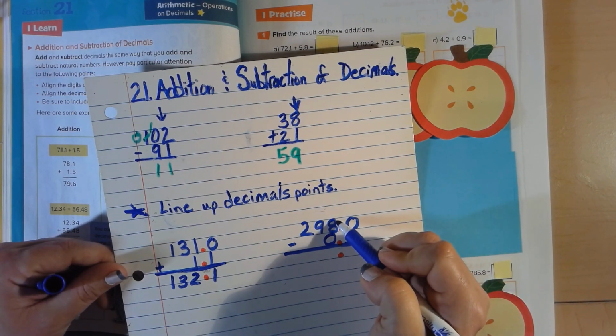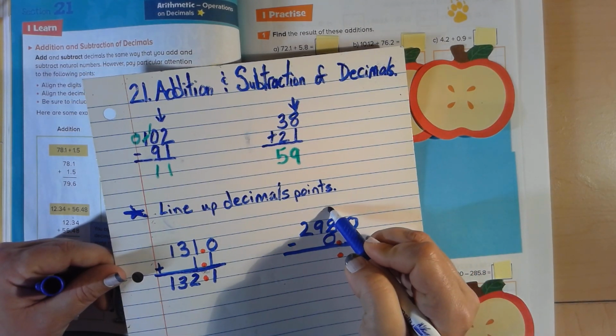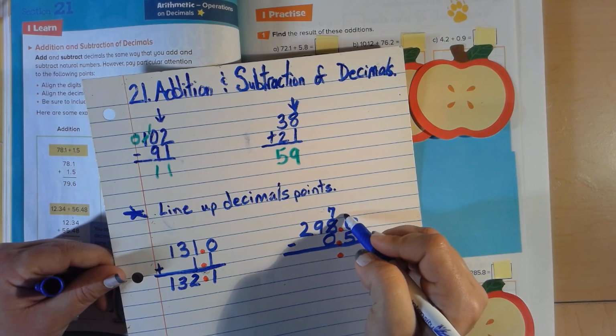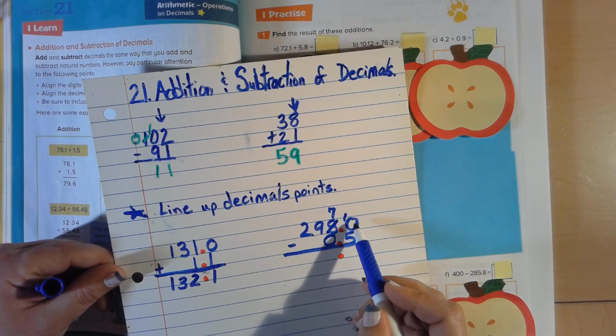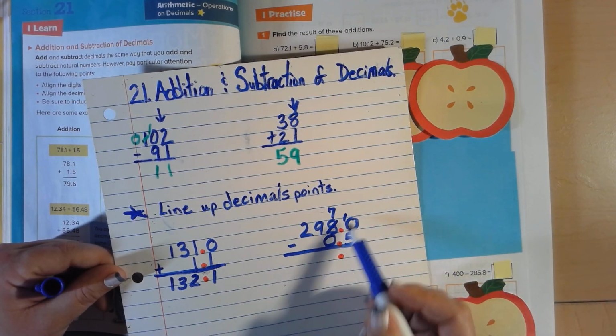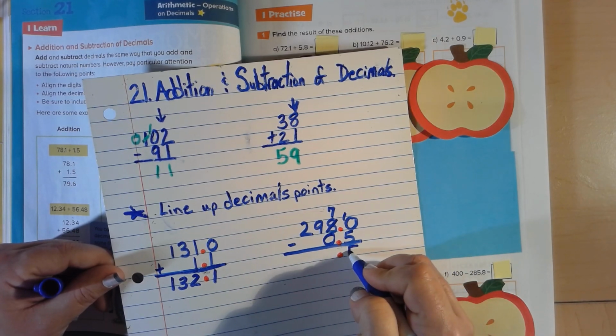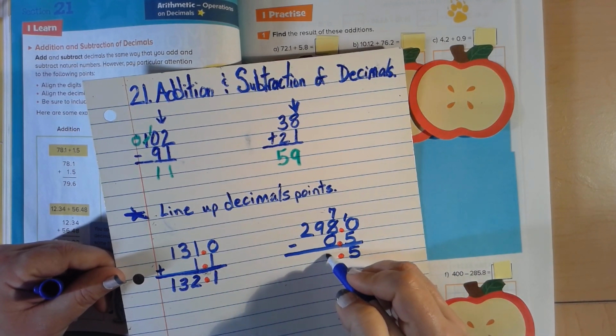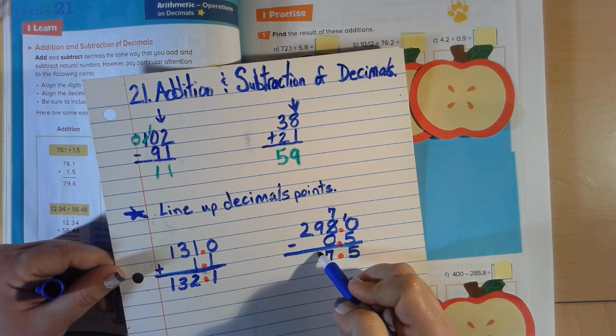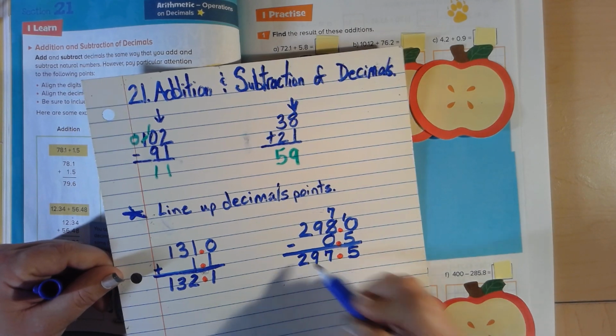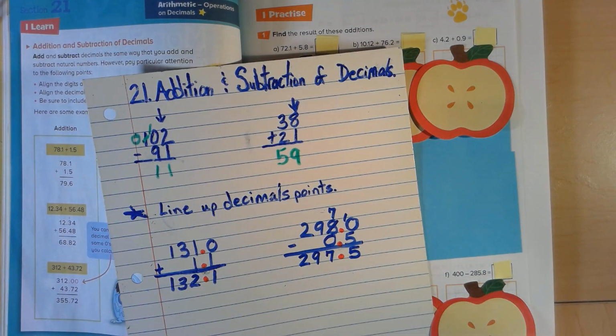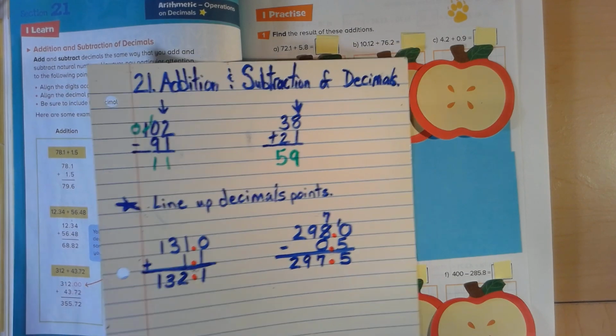No. I'm going to go to my ones column. I'm going to borrow, make it a 7, make that a 10. 10 tenths. So 10 take away 5 is 5. 7 take away 0 is 7. Bring down my 9, bring down my 2. 298 take away 5 tenths is 297 and 5 tenths. Okay, I think you're ready to practice.